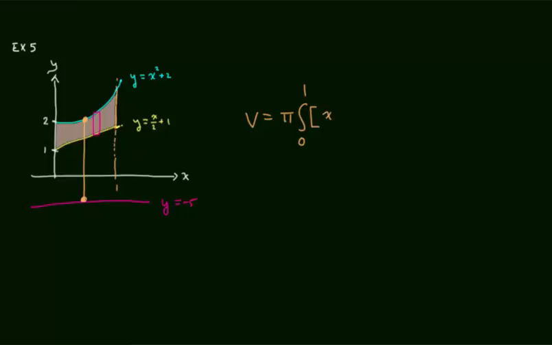So x squared plus 2 minus a negative gives us plus 5 for our outer radius, minus the inner radius, the line minus the axis of revolution, which is x over 2 plus 1 plus 5, quantity squared, thickness dx.